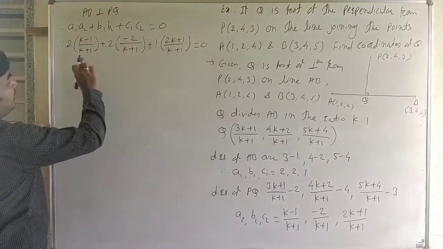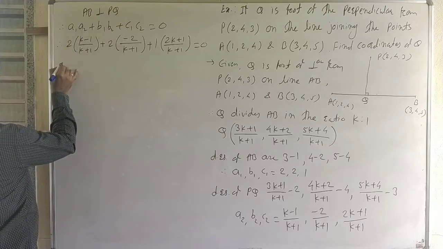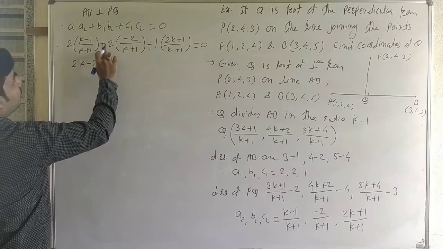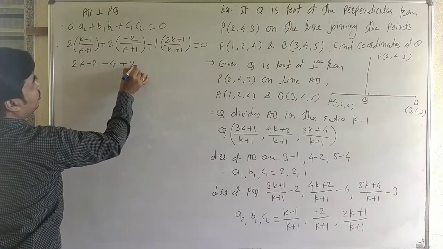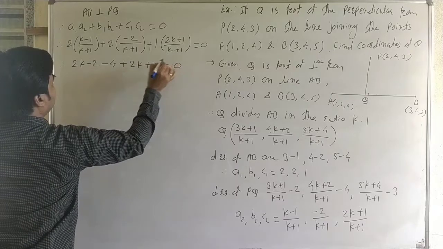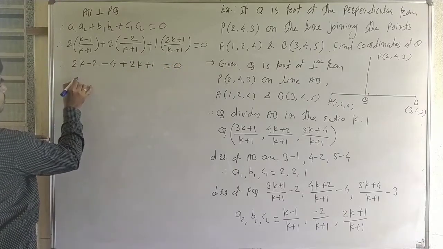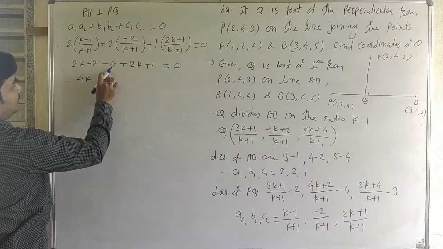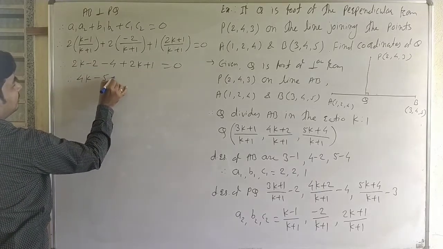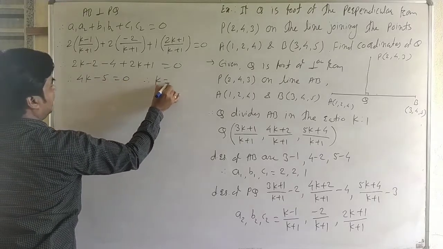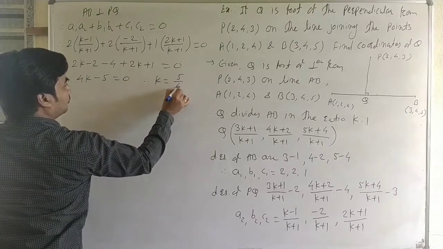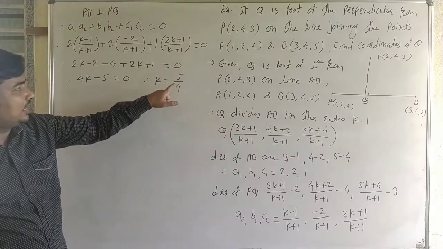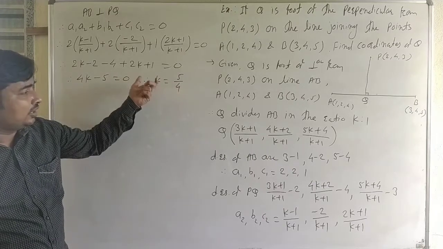Multiplying throughout by k plus 1, k plus 1 gets cancelled, and then the multiplication gives 2k minus 2 minus 4 plus 2k plus 1 is equal to 0. Therefore 2k plus 2k is 4k. Then minus 2 minus 4 is minus 6, and plus 1 is minus 5, and therefore k is equal to 5 by 4. Since k is positive, it is an internal division. Here k is 5 by 4, this is the value of k.